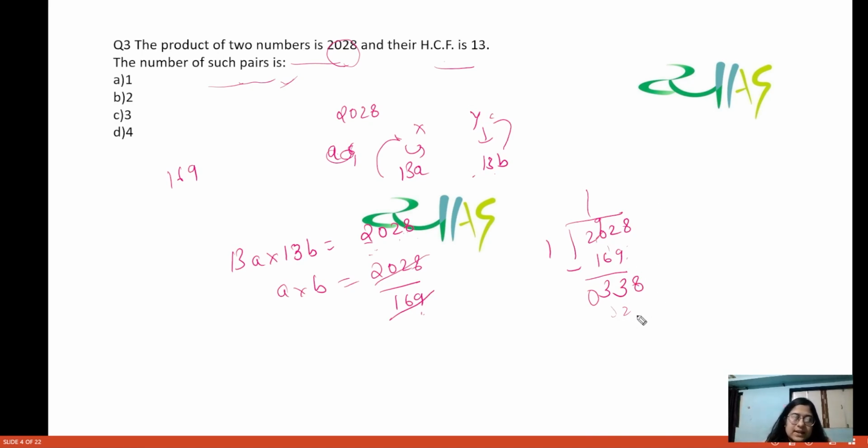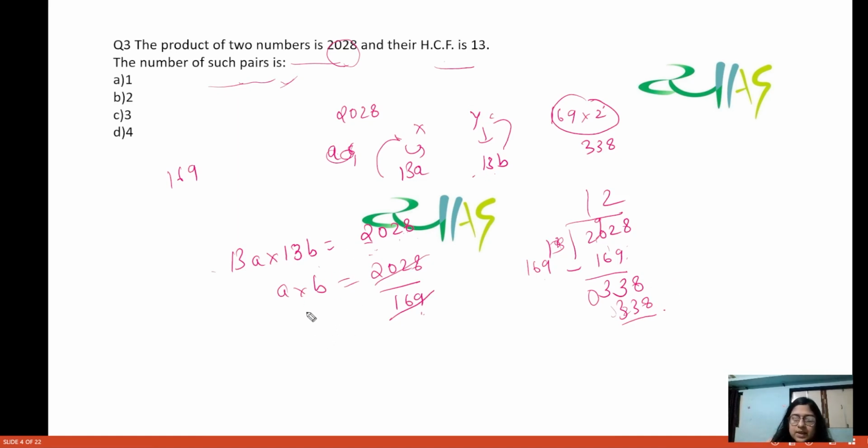Now we have this number 13, sorry, we had this 169 because 13 square is 169, so that's why I wrote this. Now obviously you know 169 into 2 is 338. So this becomes 12.